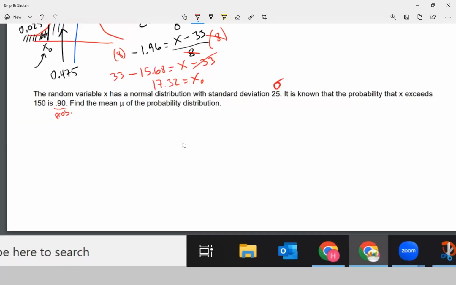I remember my formula, x minus mu divided by sigma, it's equal to my Z-score. So I don't know what the mu is, but I'm just going to go x minus 150 divided by 25, because my standard deviation is 25, and this has to equal 1.29. That's my Z-score.